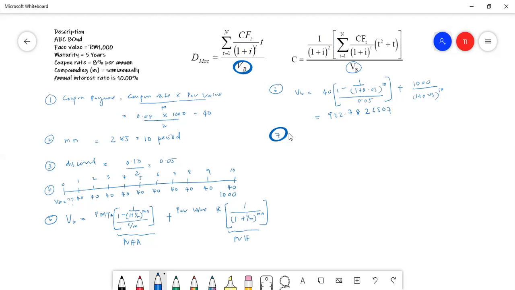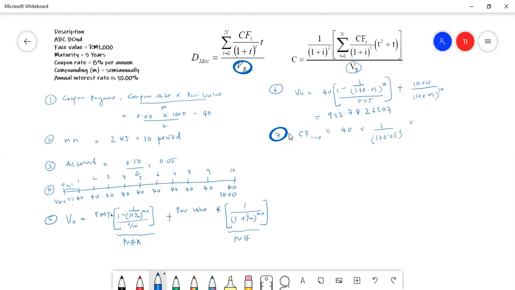Now let's look through the first calculation for the cash flow first. What is the cash flow? The cash flow is 40, but you have to discount. So when you discount by 1 plus 0.05, how many years to year 0? n equal to 1.